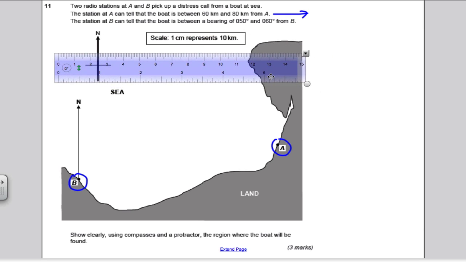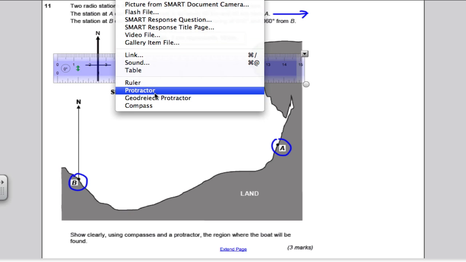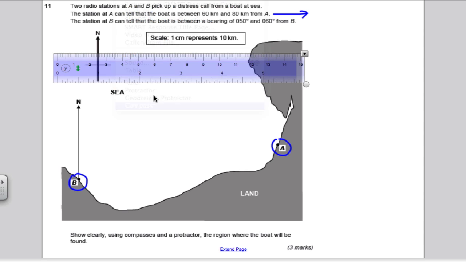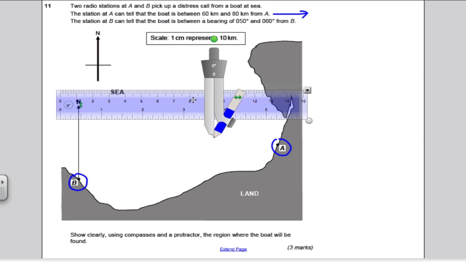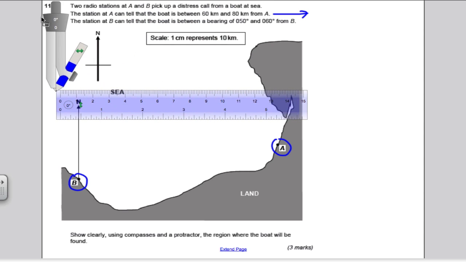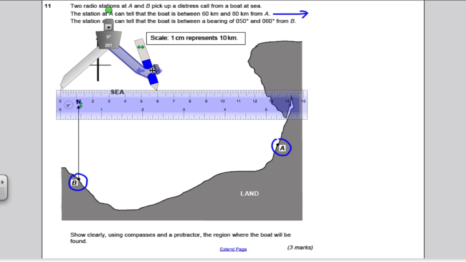So here's going to be my ruler, and I know that from point A, the distress call was between 60 and 80 kilometers. So I'm going to need to get out a pair of compasses, and I'm going to have to work out 6 centimeters because that's equivalent to 60 kilometers.